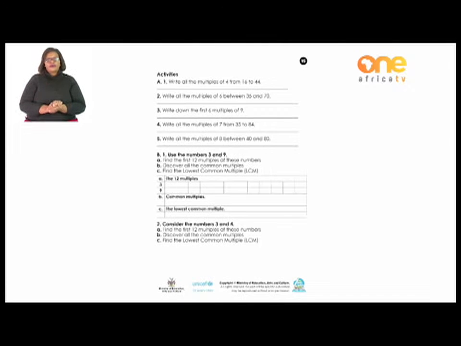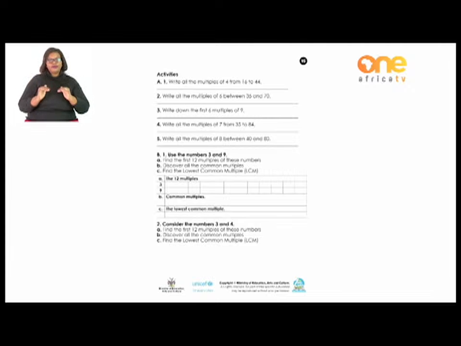Number 3, write down the first 6 multiples of 9. Number 4, you have to write all the multiples of 7 from 35 to 84. And in number 5, it is expected from you to write all the multiples of 8 between 40 and 80.